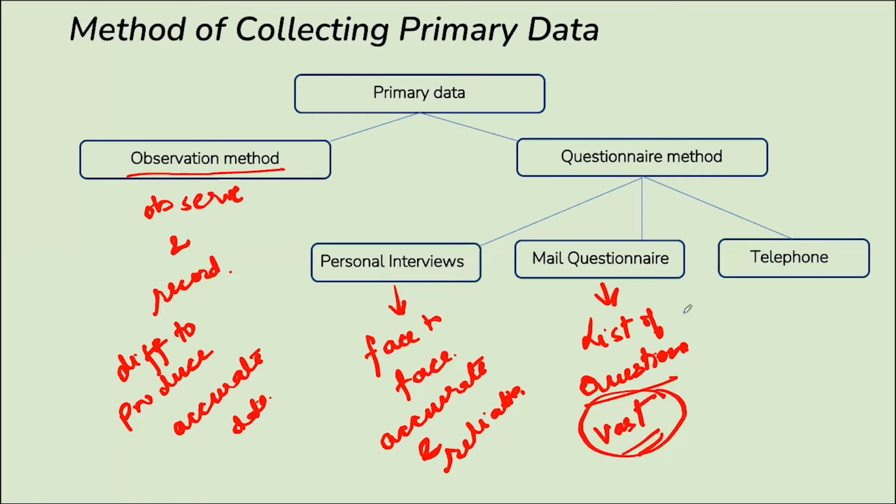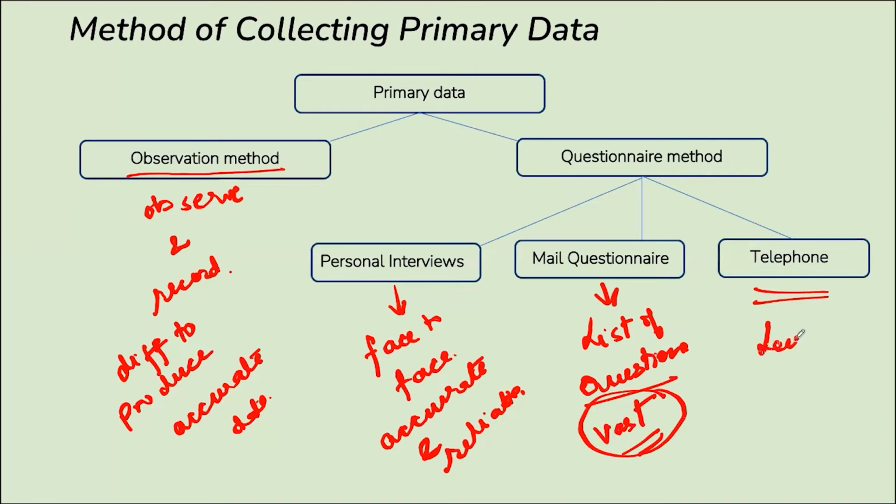But in this case, the respondent should be literate, meaning they should know which type of question they are being asked and how to answer it. Then let us come to the third questionnaire method, that is telephone. In this method, the investigator asks relevant questions of the respondent over the telephone itself.